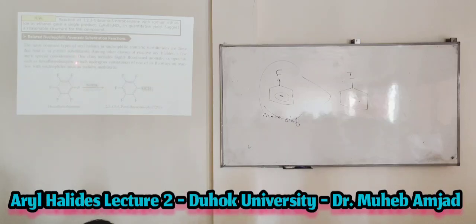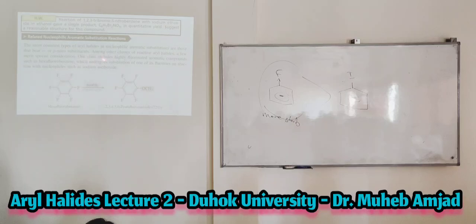The most common type of aryl halide in nucleophilic aromatic substitution is the one with ortho or para nitro substituents. We know this. But some other classes of aryl halide, a few reactions, can also enter this type of nucleophilic aromatic substitution.